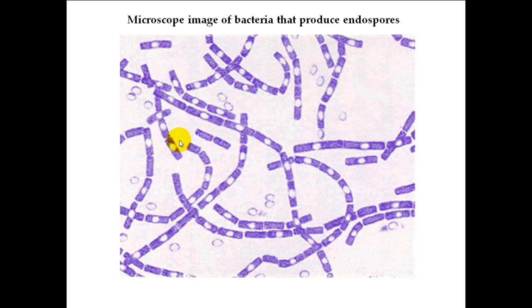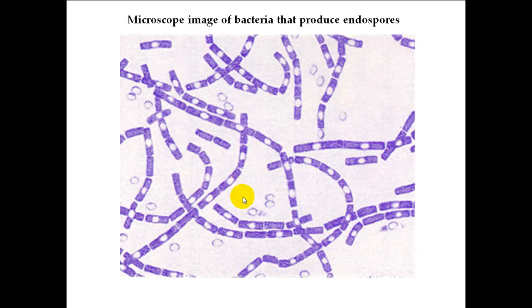So the stain was able to color everything else in the bacterial cell, but because of the extra protein layers surrounding the spore, the stain has a really hard time getting in, so it just remains clear like this. So if you see bacteria under the microscope that have a distinct clear area inside of it somewhere, that clear area is an endospore.